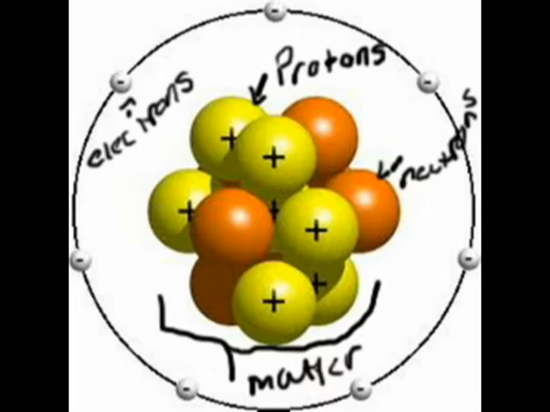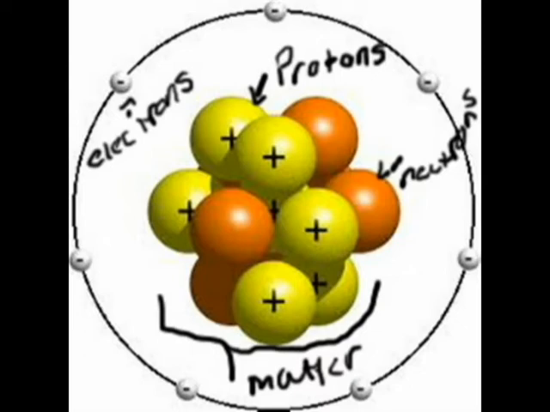An atom is composed of three particles: protons, which are positively charged, neutrons that are neutral, and electrons that are negatively charged. The protons and neutrons are located in the center of the atom, and they form the nucleus. The nucleus is where all the matter is located. And remember this, because this is very, very important.